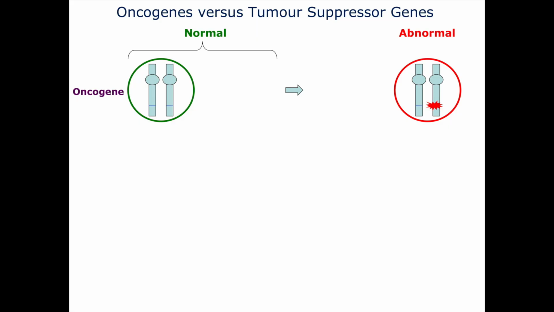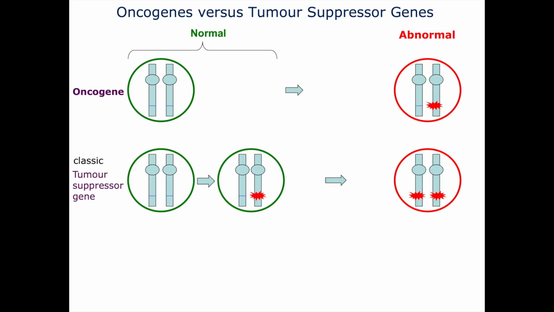An oncogene mutation is an overactivity mutation, and if it affects one copy of the gene, then that gene will be overactive. The fact that there's a normal copy is irrelevant, and the cell will become abnormal. So you only need to mutate one copy of a gene to get an oncogene mutation.